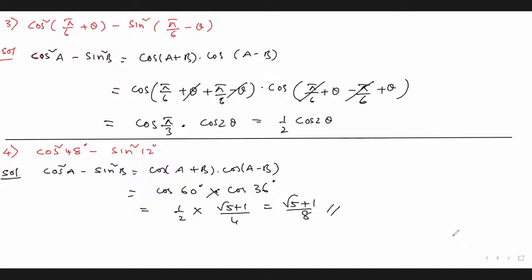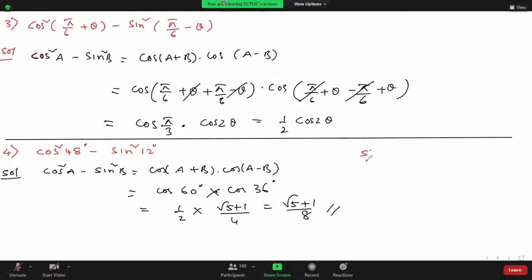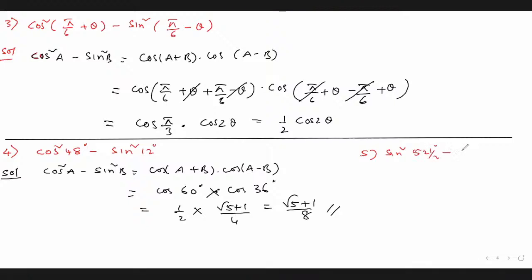I hope you have copied this. Now, take down one more question as homework. You just do this. Sin square 52.5 degrees minus sin square 22.5 degrees. I am going to give you the formula right now. You just go through the formula and do. What is the formula?